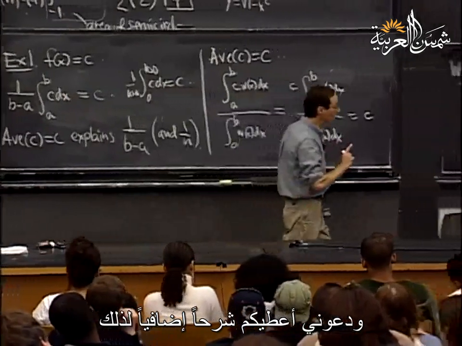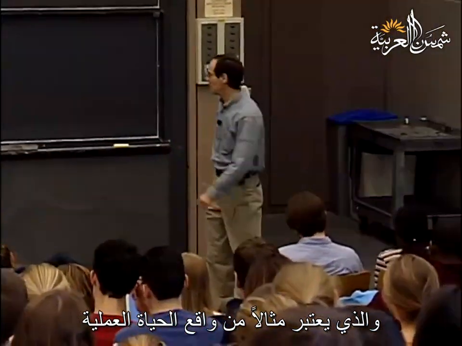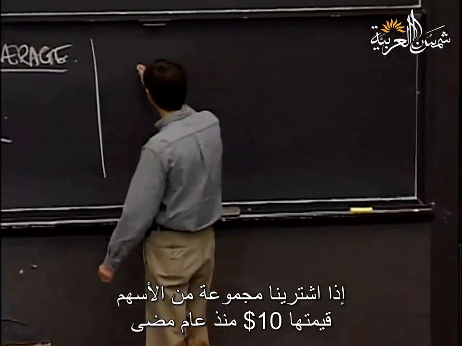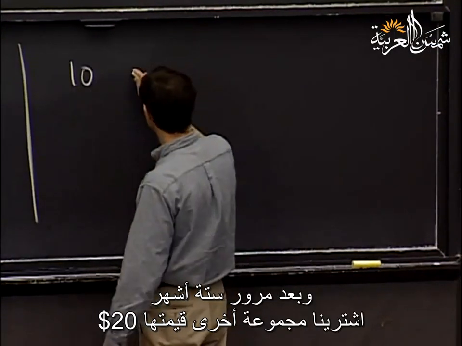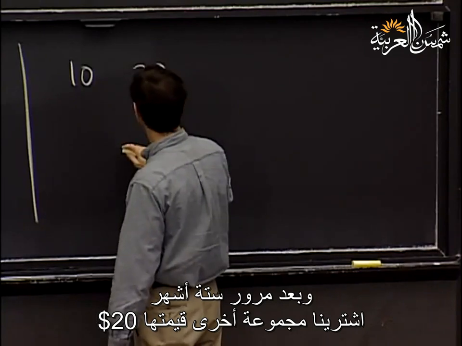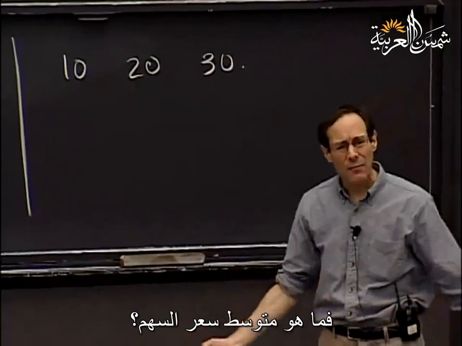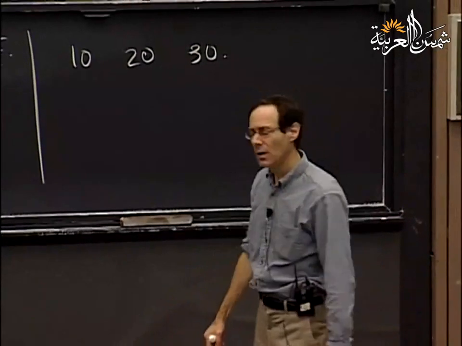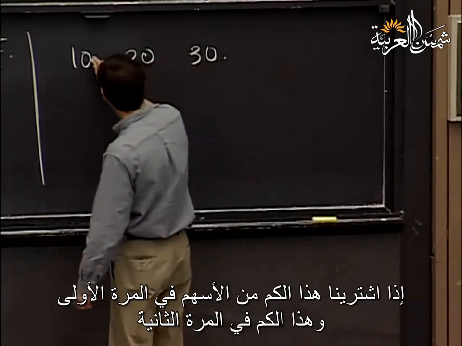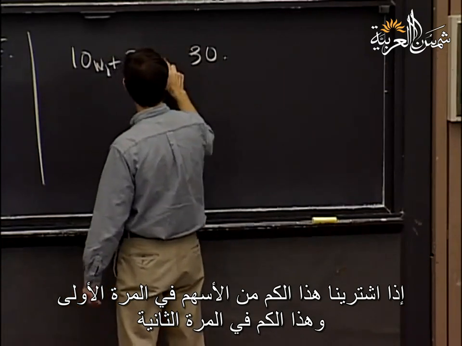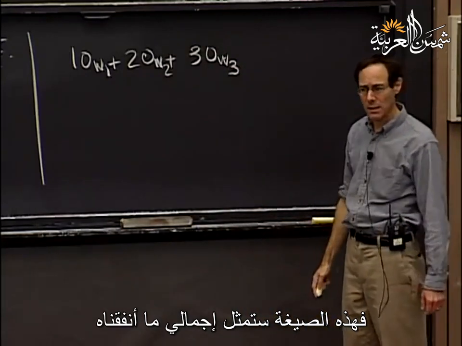And let me just give you one more explanation, which is maybe a pretend real-life example. You have a stock which you bought for $10 one year, and then 6 months later, you bought some more for $20, and then you bought some more for $30. All right? Now, what's the average price of your stock? Well, it depends on how many shares you bought. If you bought this many shares the first time, and this many shares the second time, and this many shares the third time, this is the total amount that you spent.